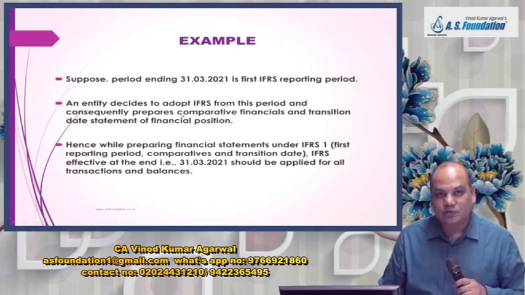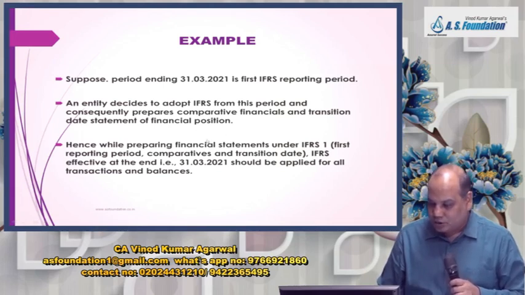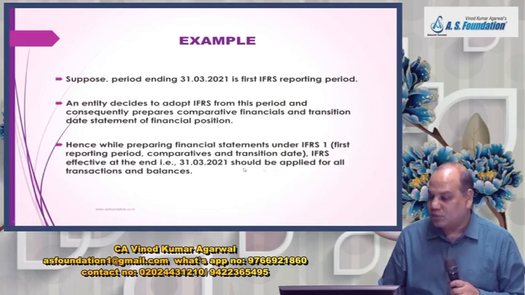An entity decides to adopt IFRS from this period and consequently prepares a comparative and a transition date statement of financial position. Hence, while preparing financial statements under IFRS 1, for the first reporting period, comparative and transition date, the underlying IFRS effective at the end should be applied for all transactions and balances.